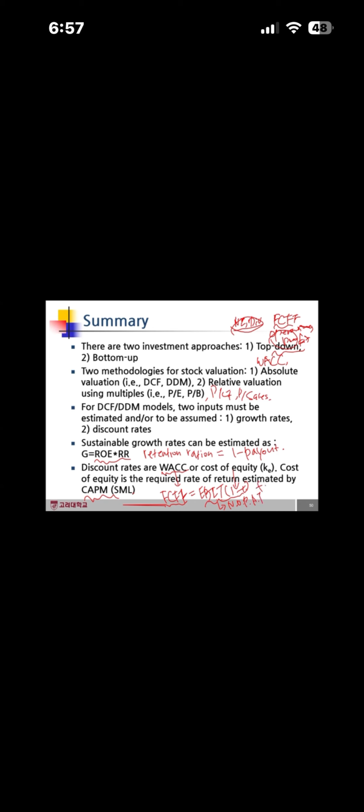plus some non-cash expenses that you have to add back, such as depreciation and amortization, and you have to adjust for the increase in net working capital. This is net working capital as current assets minus current liabilities.